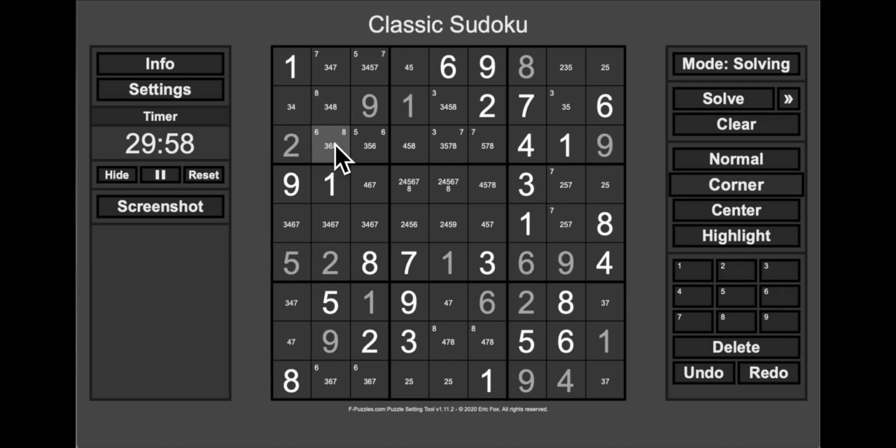Let's see, I'm going to have to start eliminating digits by making oddball pairing of things. This is 6 or 8, this is 5 or 6. That's 5 or 7.